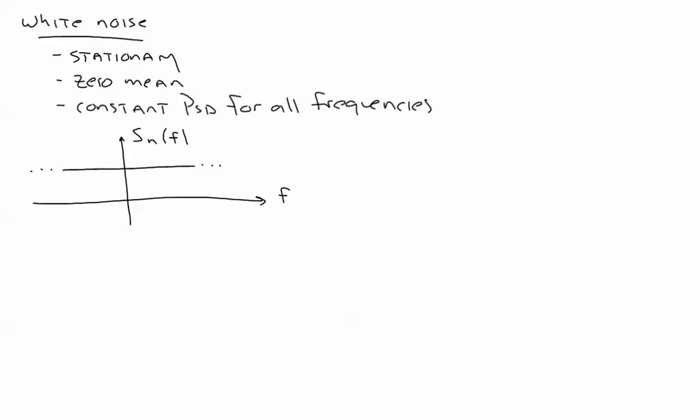And this is zero frequency here, and this has units of hertz. My white noise power spectral density is usually written this way, N0 over 2. So I would have an N0 over 2 there.